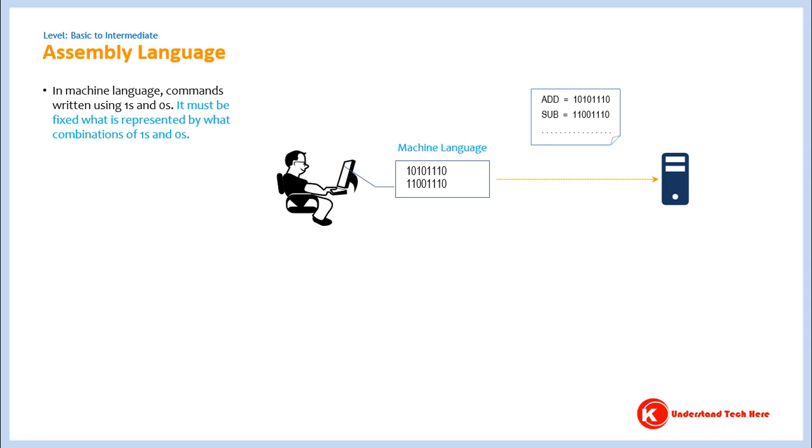So people were looking for an easier way of writing commands. In machine language, each combination of ones and zeros represents certain instructions. For instance, in our example, a combination of 1010, 1110 represents add.